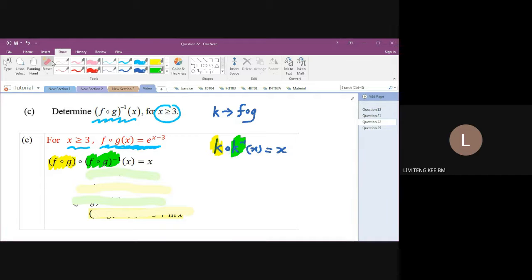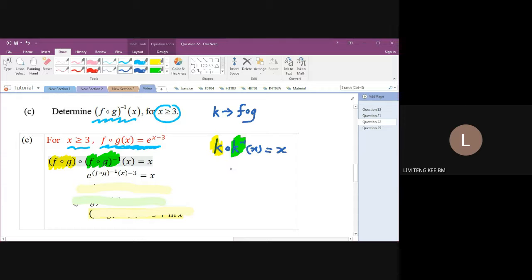And therefore, what is happening here is that we try to substitute the inverse into the composite fg. And this is the result I happen to have. Again, I suppose this part will make you feel a bit dizzy, so I write another solution at the side in terms of k, where k corresponds to fg.